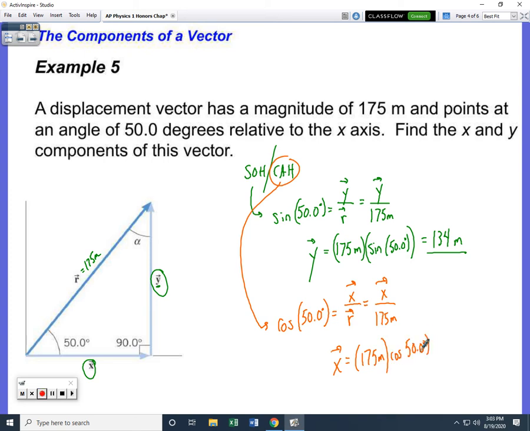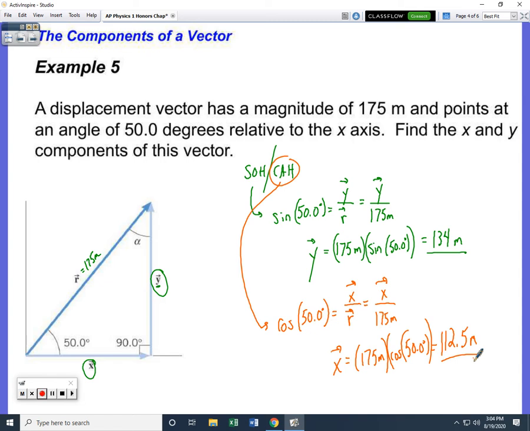Again, we're not using an inverse. We're using the actual cosine function. I'm just going to change this over to cosine and ka-chunk it, and I get 112.5 meters. Or 113, somewhere in there. So now I've found the components of this vector.